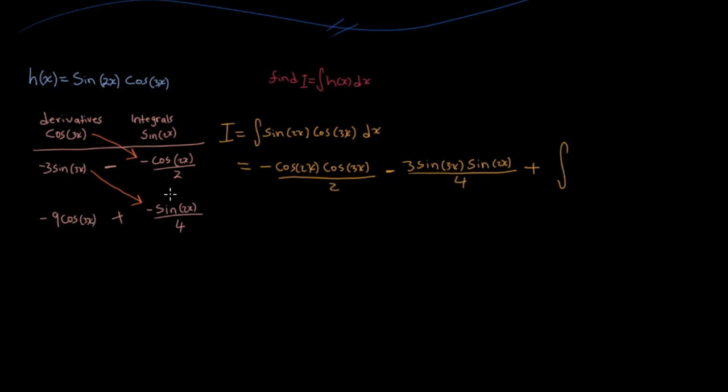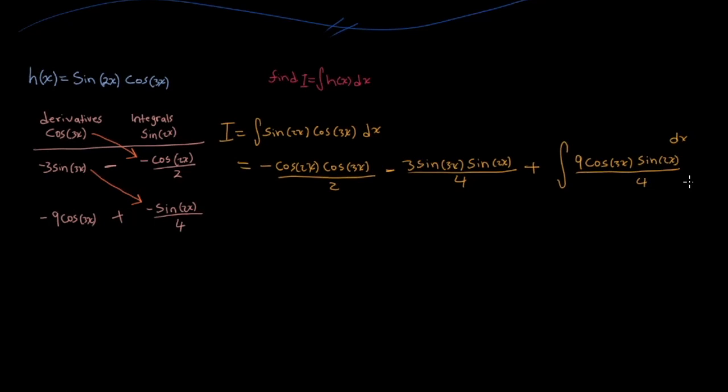Since it's a negative times a negative, the negatives cancel out and we have a positive: 9 cos 3x times sine 2x over 4, dx.